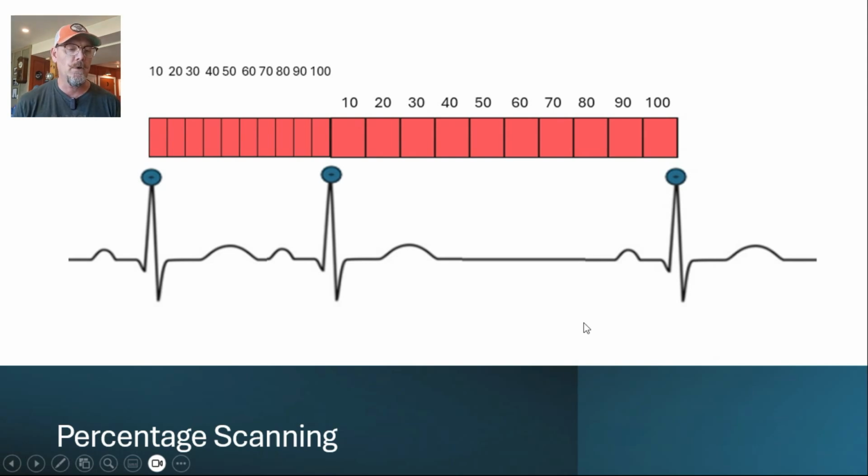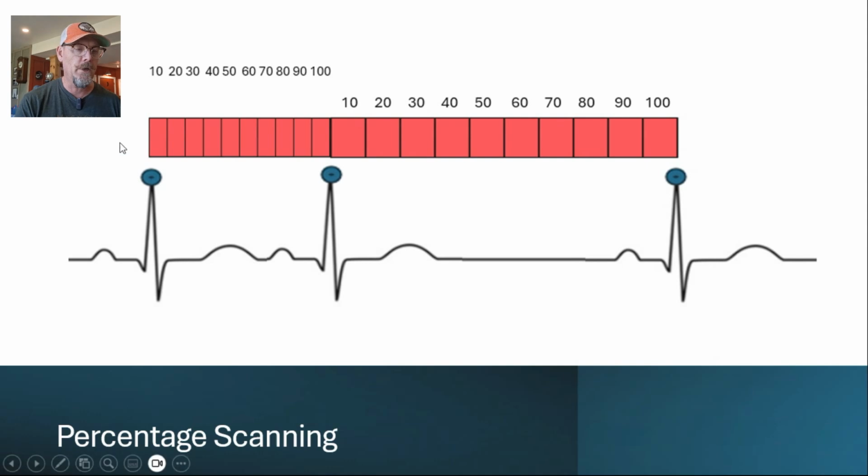We chunk these down into basically 10% phases, but many scanners can dive that down even deeper into 5s or even 2s or even 1%. For simplicity in this video today, I have divided this up by tens, by every 10%.